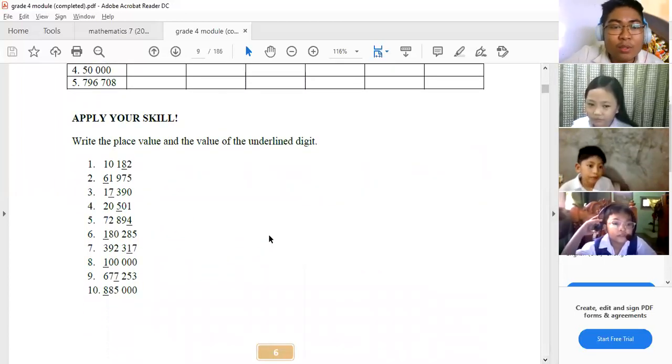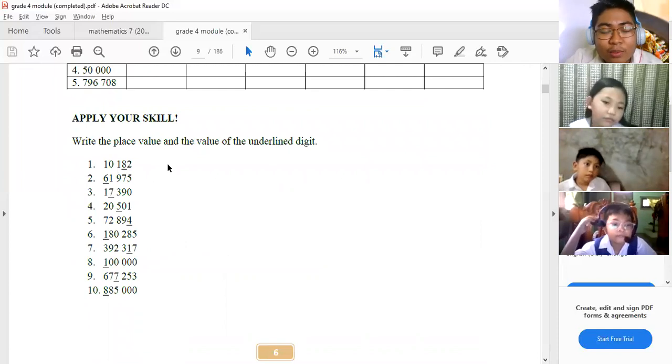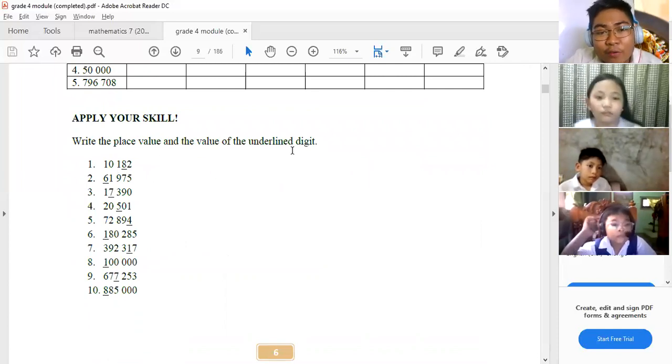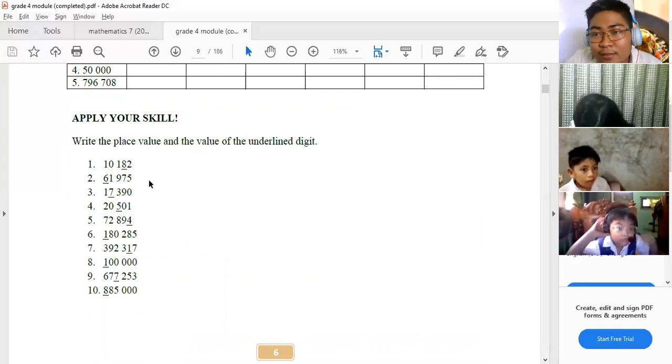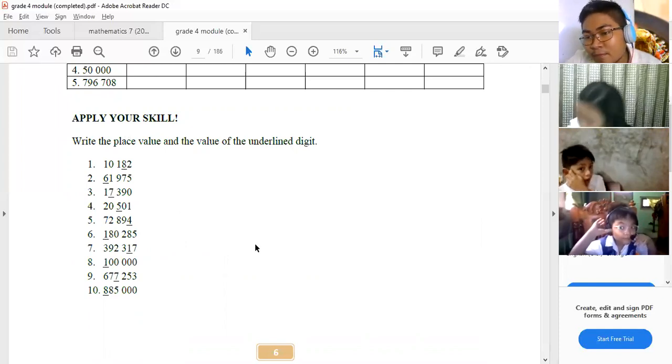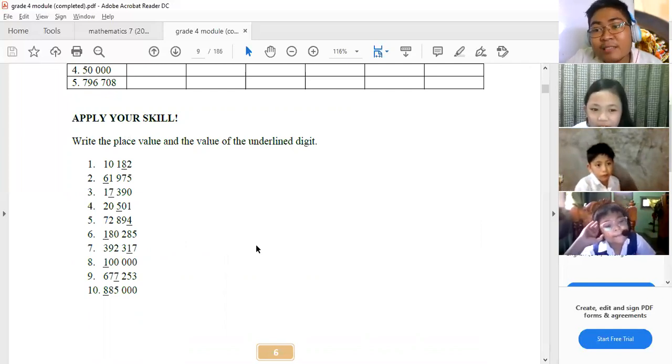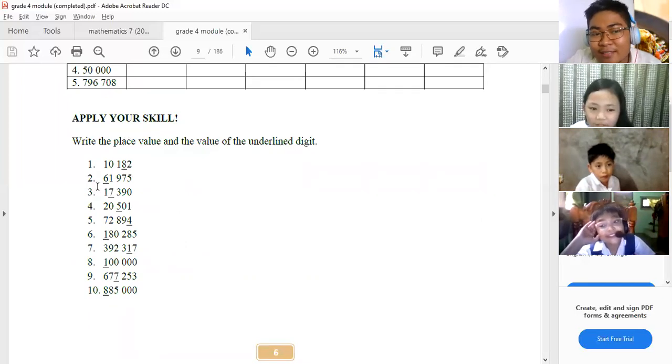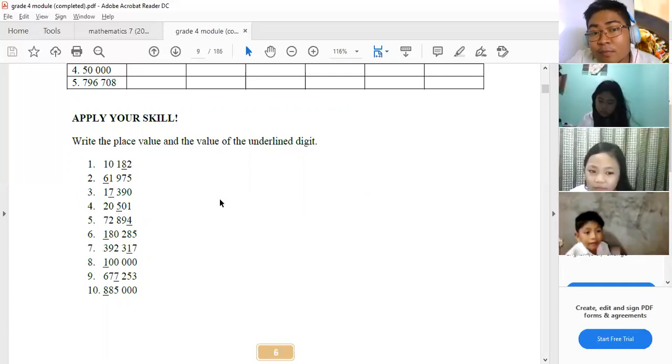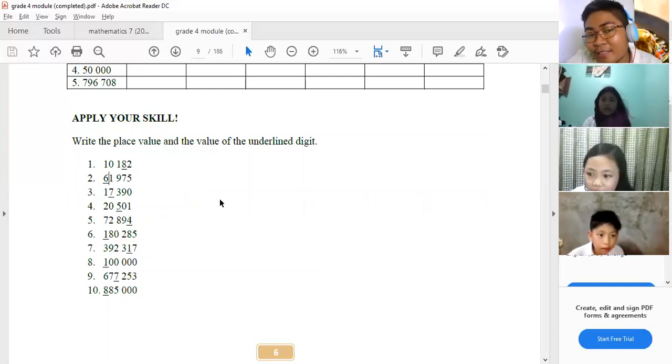Let's try to find the place value and the value of the underlying digit. We have 8, that is tens, and the value is 80. How about 6 for number 2? What's the place value first? 10,000.